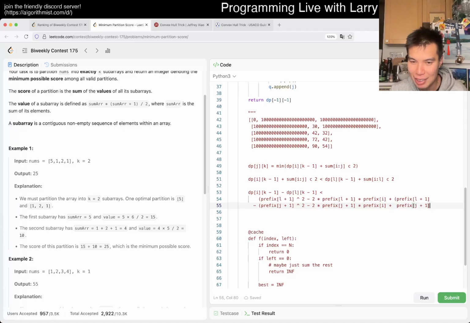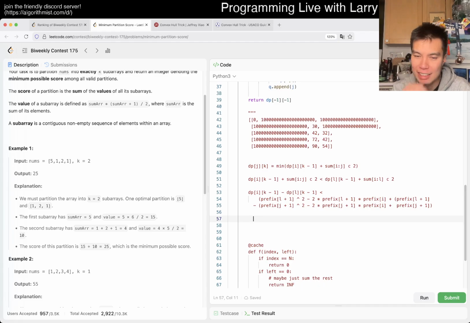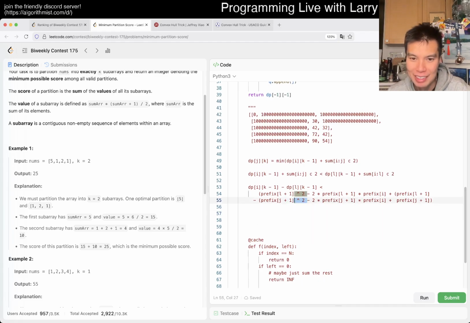We have this, and then now this is just, of course, the reverse of whatever we just did, right? Wait, do we? No, maybe that doesn't make sense. Because this is still square. I don't know.